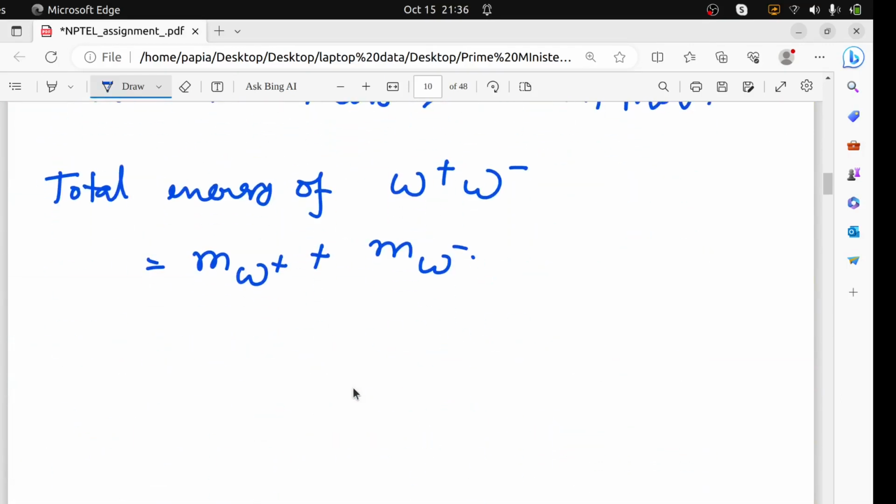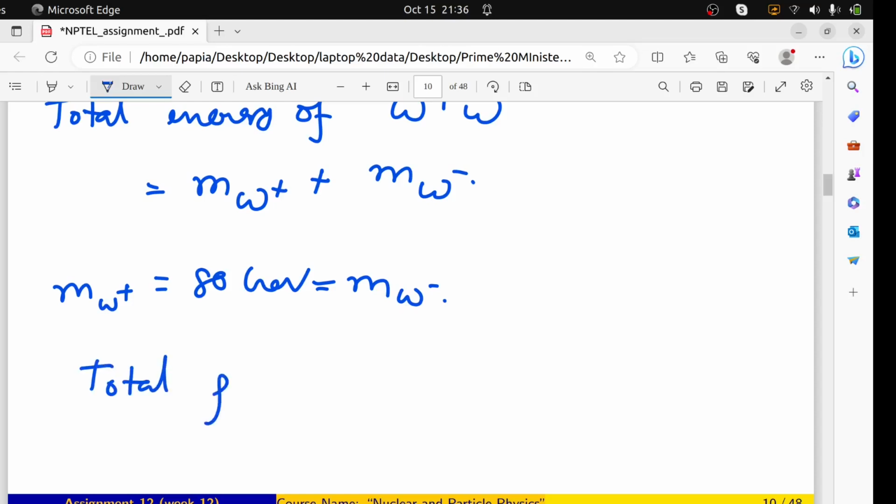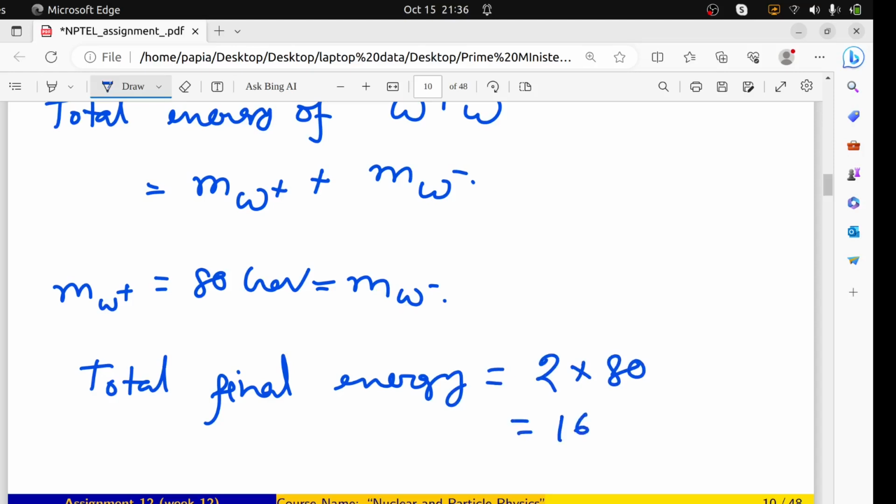So in natural units, I can write mW+ equals 80 GeV, which is exactly equal to mW-. So we can see that the total final energy is 2 into 80, that means 160 GeV.